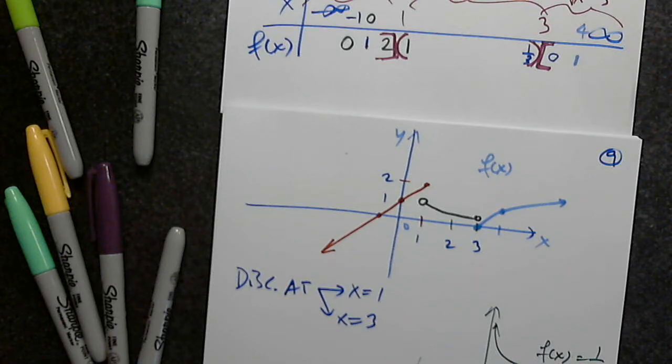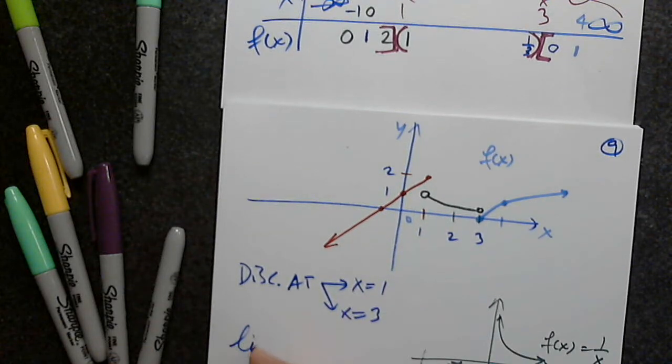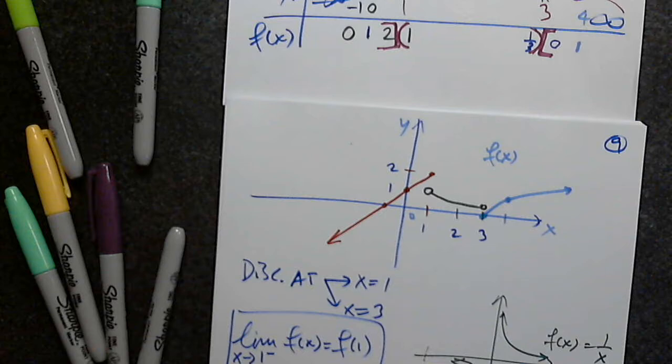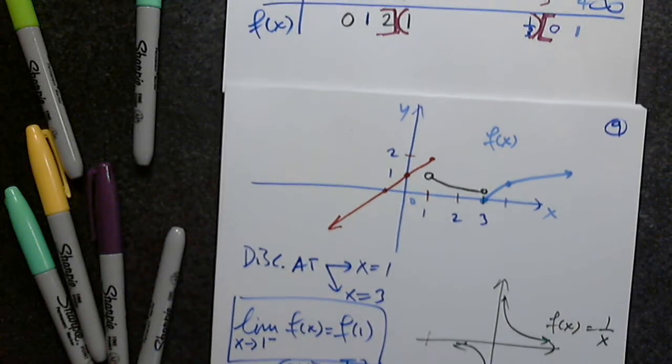Now let's look at what happens at 1. Is the function continuous from the left or from the right, or none of the above? From the left, because limit as x approaches 1 from the left of f of x equals f of 1. Continuous from the left. Do we agree with this?